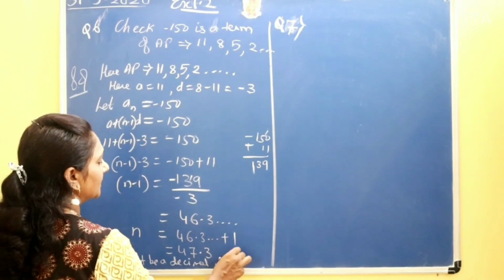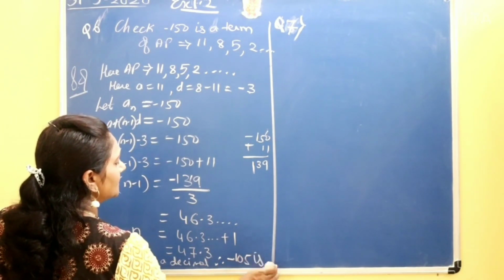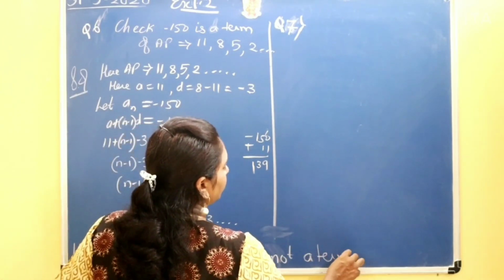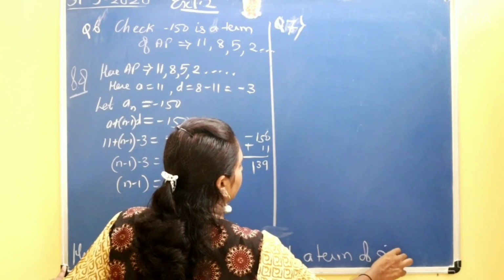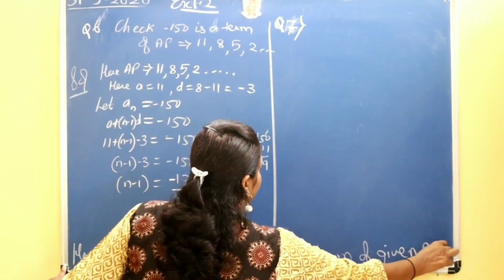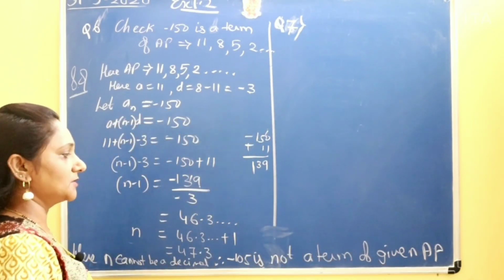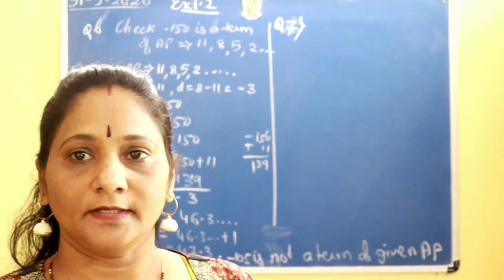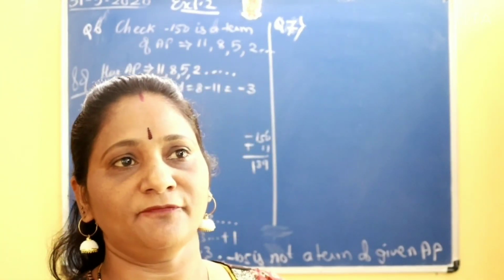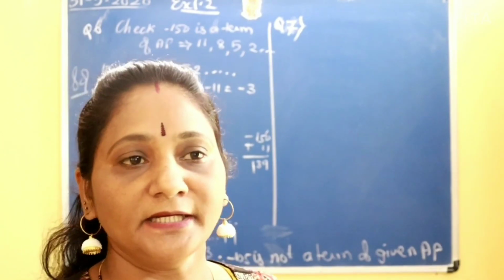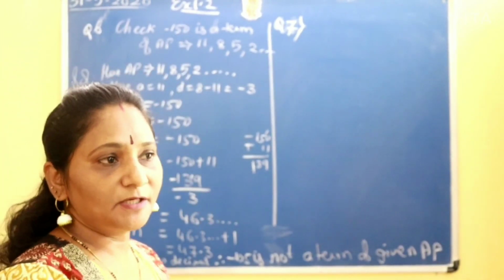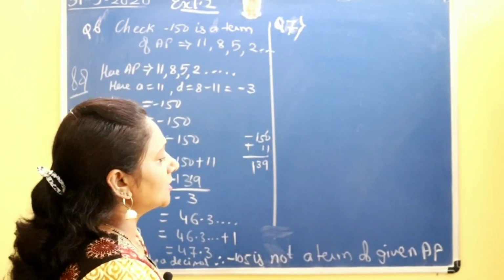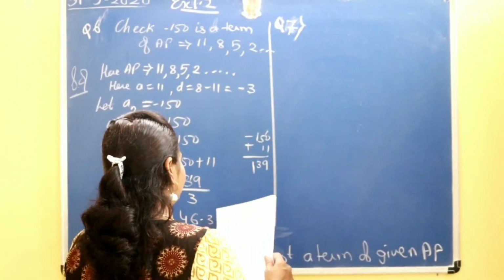Therefore, minus 150 is not a term of the given AP. N is equal to a natural number. It can be any number from 1 to infinity, but it cannot be a decimal or a fraction. Therefore, minus 150 is not a term of the given AP.